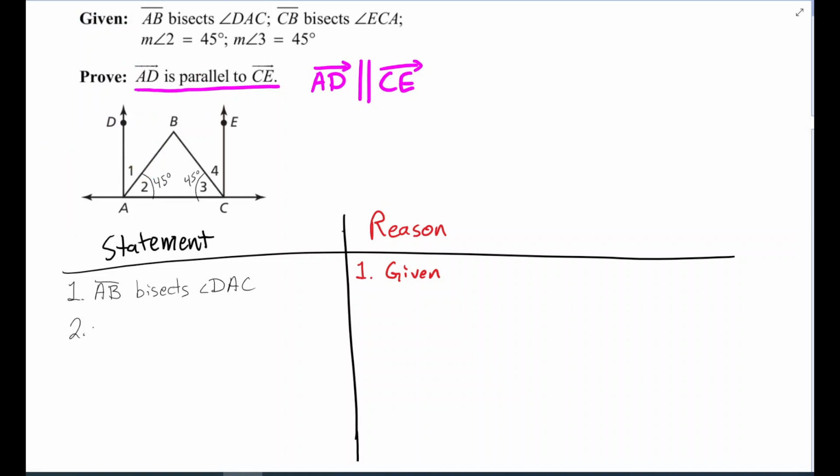We know that the angle DAB should be congruent to the angle BAC, because that comes directly from the definition of an angle bisector.